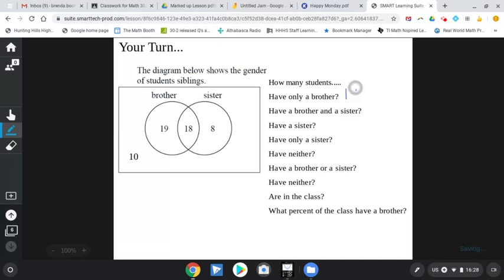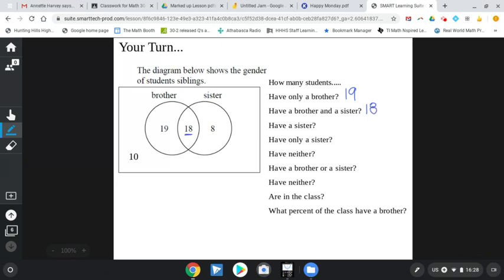So 19 people have only a brother. How many students have a brother and a sister? So we're looking right at that overlap. There's 18 students that have a brother and a sister.